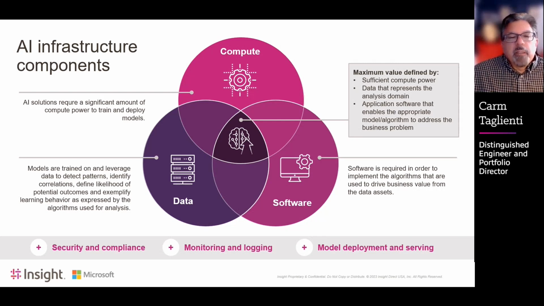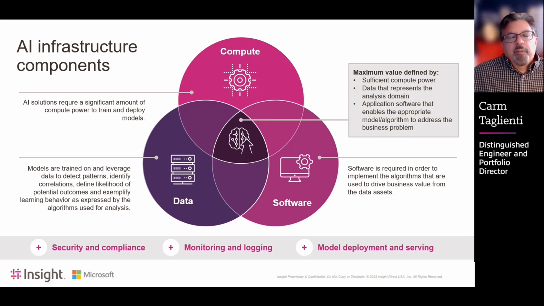So I like to talk about it in terms of three primary areas. The first one focuses on compute. In order to process your models, serve your models, or even ask questions and make decisions using AI capabilities, we need some kind of computing infrastructure. So where are you going to get that?